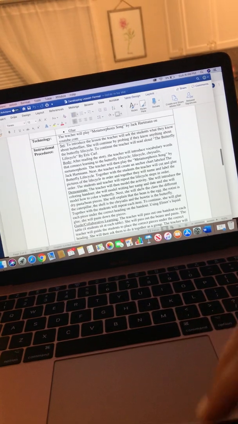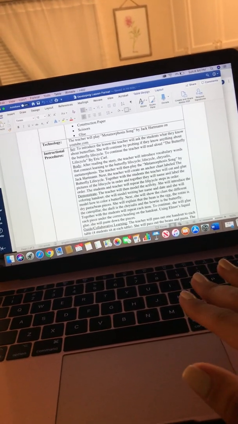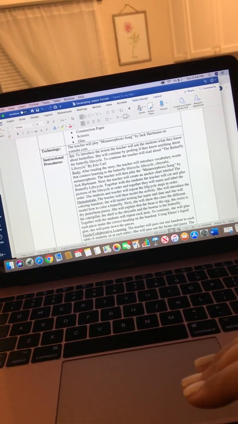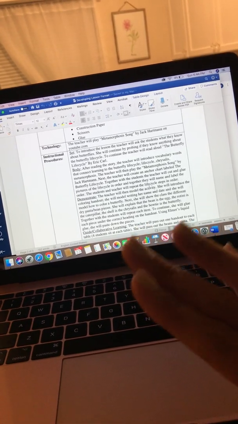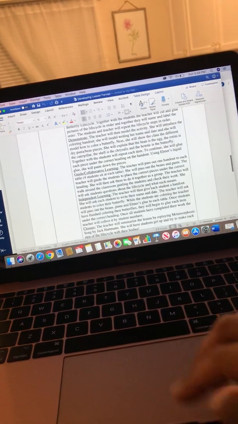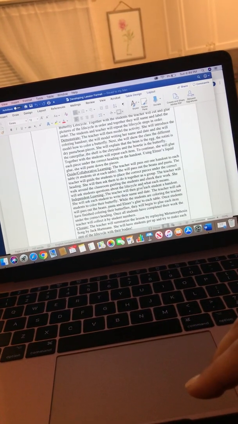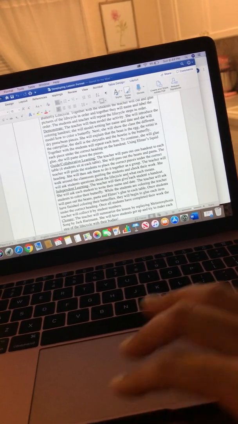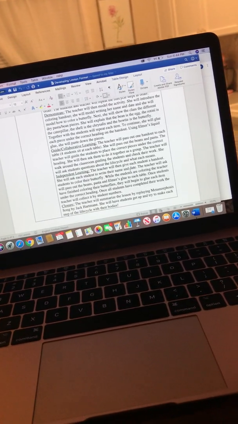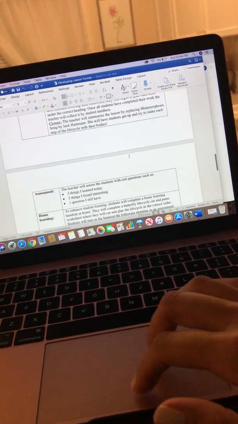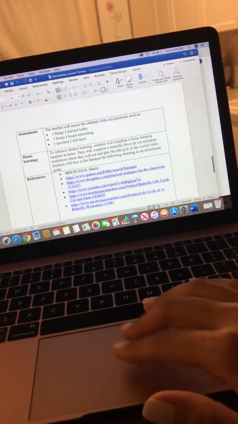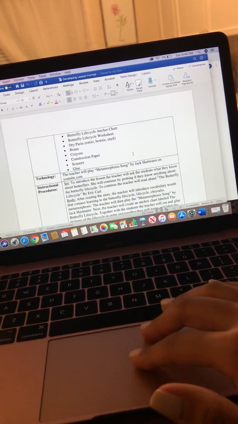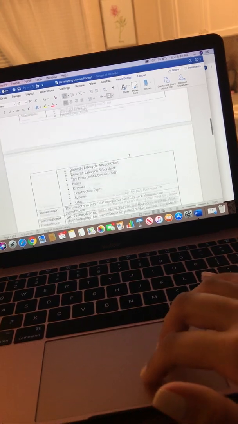Maybe the first day I would read The Very Hungry Caterpillar and create that anchor chart with the students together, and then the next day maybe I would play the Metamorphosis song to reintroduce the lesson and to review what we learned the previous day. Then that day we would start coloring our butterfly, and then the third day I would go back to our anchor chart, review, and then start gluing the dry pasta and the beans and putting together our actual lesson.